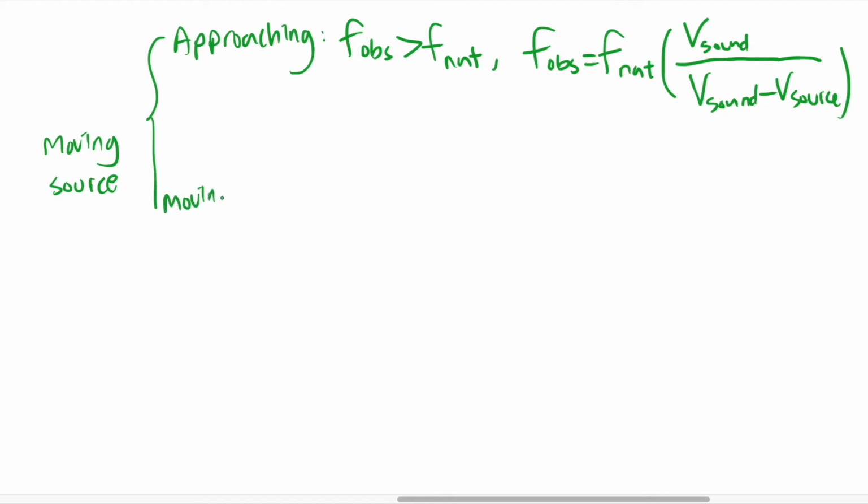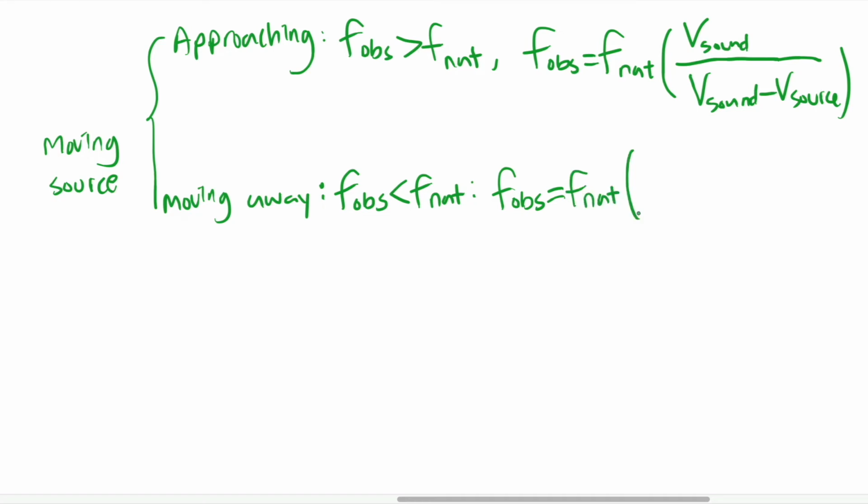And when the source is moving away from the observer, the observed frequency is smaller than the natural frequency. And the observed frequency is equal to the natural frequency multiplied by velocity of the sound divided by velocity of the sound plus velocity of the source. Right. So this is the first case.